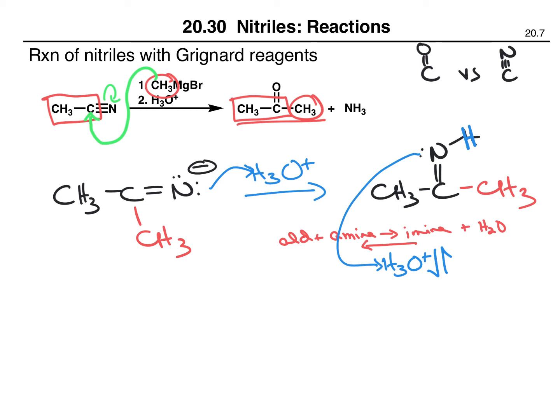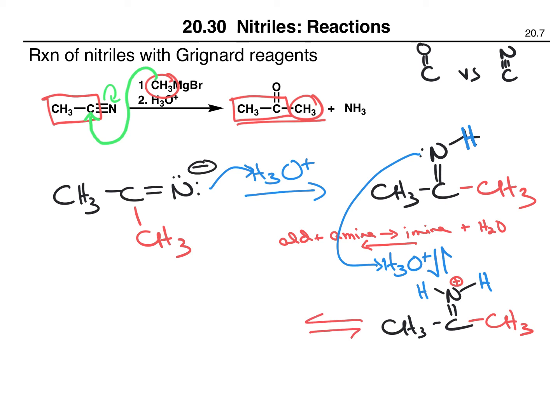so the nitrogen can grab another proton, and that will give CH3, C double bond N. So these hydrogens are coming from water, and this came from the Grignard. And now nitrogen has a positive formal charge.